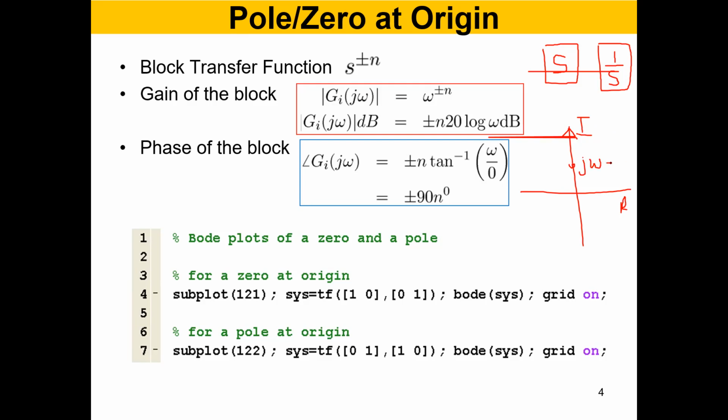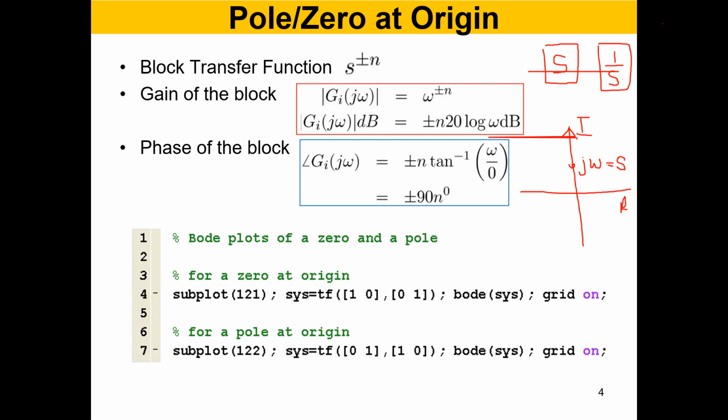So when you say S equals j omega, it is the frequency response, pure frequency response. So you pick up this S and set it to j omega. When omega is 0, you are here. When omega increases, you are following this vertical axis, the frequency axis, and you generate a phase and a gain for various frequencies. Okay, that is how we know about the frequency response of the block.